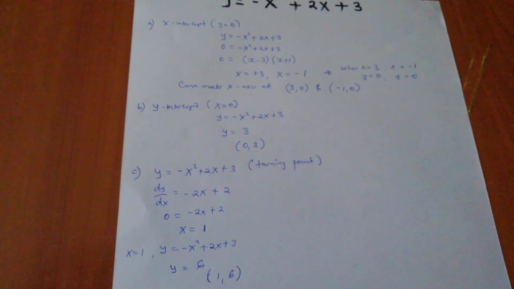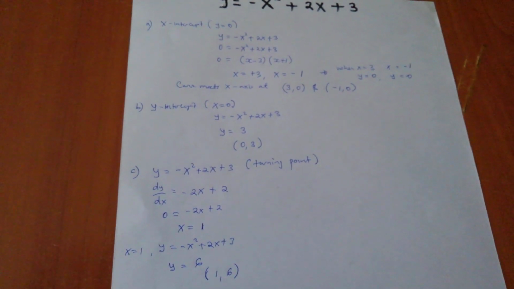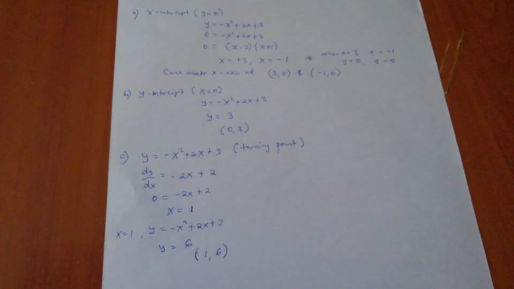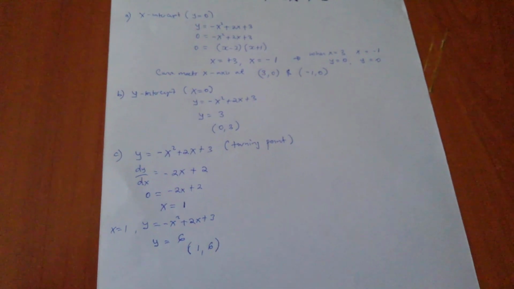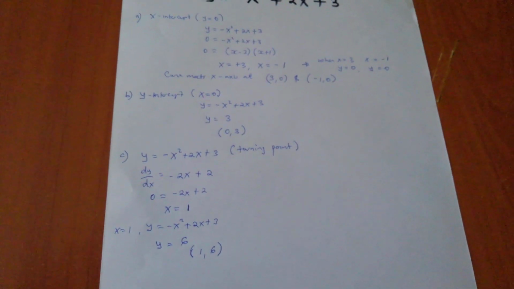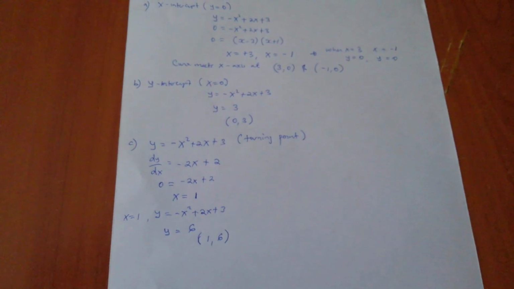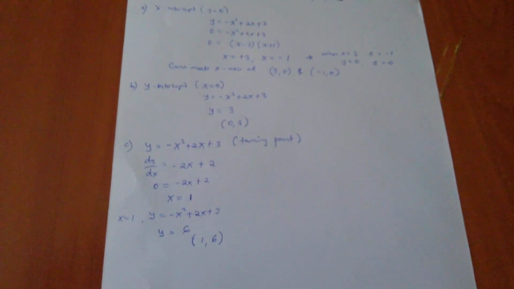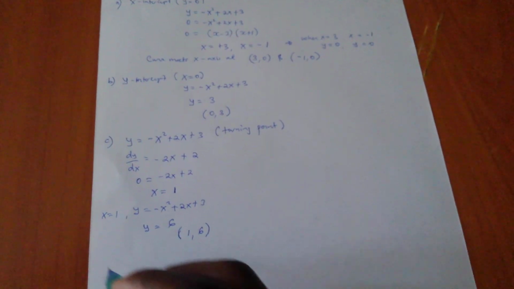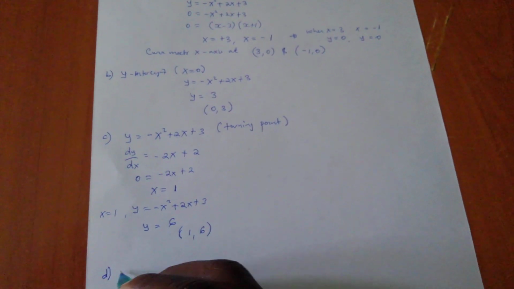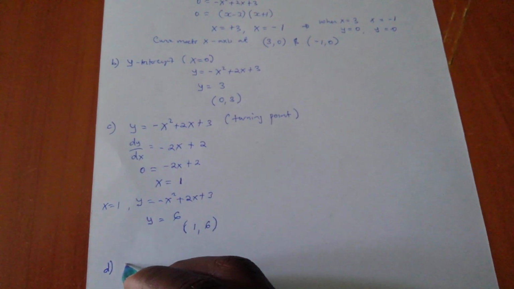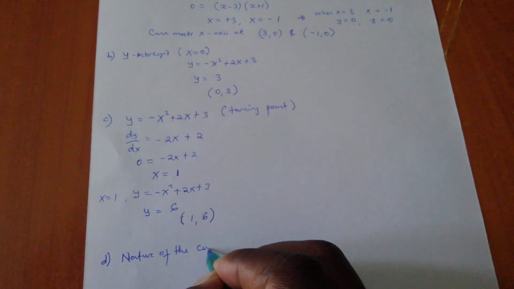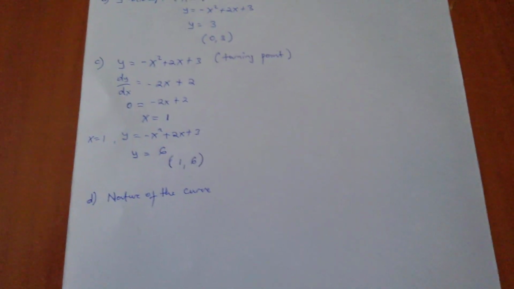First find the x-intercept, y-intercept, then find the turning point, or stationary points for that case, that's part C. And now I'm going to determine the nature of the curve, and then I draw it. So part D is the nature of the curve.